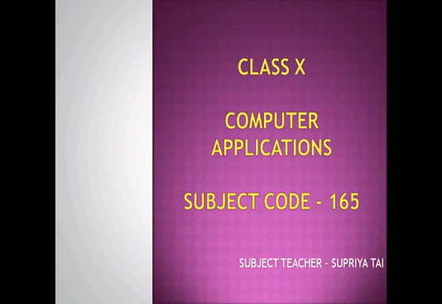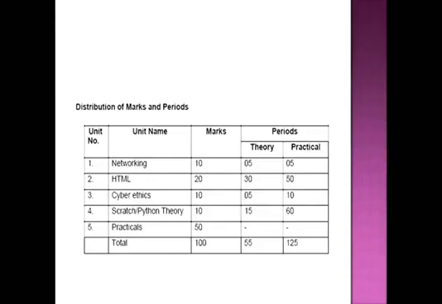The subject code is 165. So students, from today onwards, we are going to start our online classes. Before starting my class, I'd like to introduce you to the syllabus.